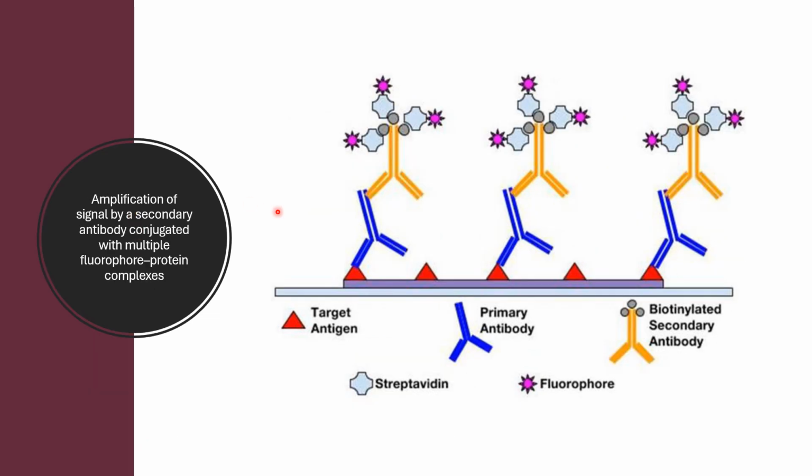Amplification of signal by secondary antibody conjugated with multiple fluorophore protein complexes. Similarly, multiple fluorochrome protein avidin or streptavidin complexes can bind to a single biotinylated secondary antibody to increase the signal levels.